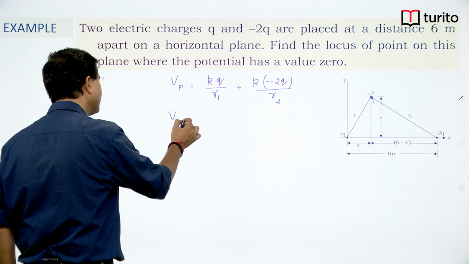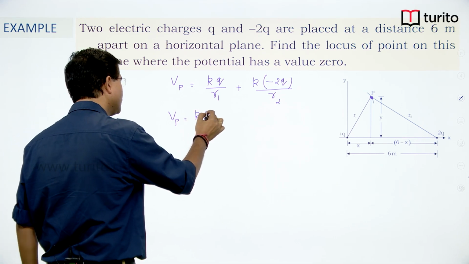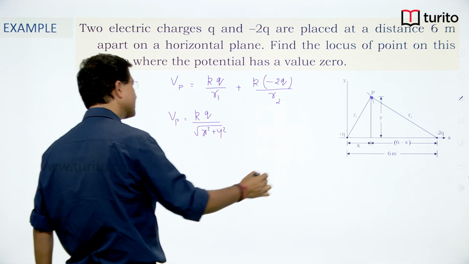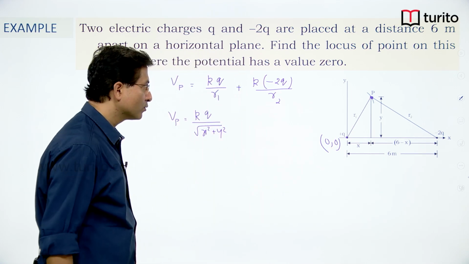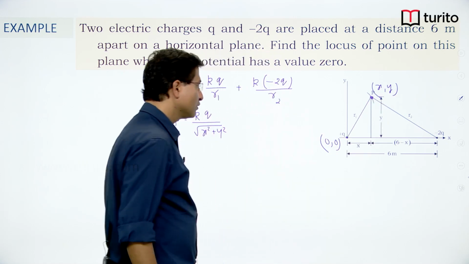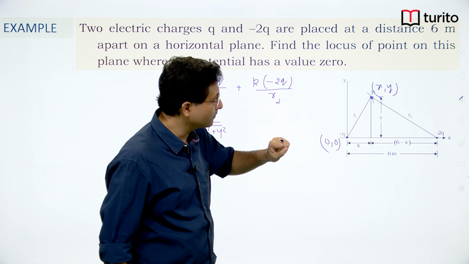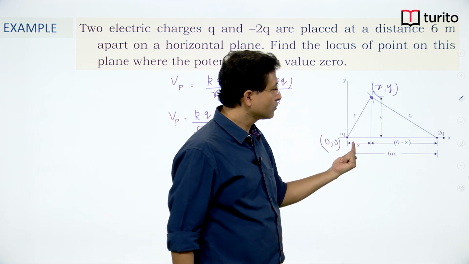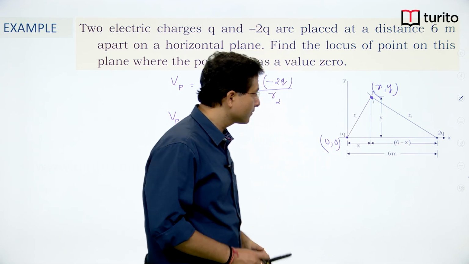This we can simplify. So, Vp will be equal to K Q divided by under root x square plus y square. I am considering this point at origin 0, 0, and this point is x, y. So, from here to here this gap is under root x square plus y square. Now, this is given 6 meter, so the remaining gap will be 6 minus x and this is y.